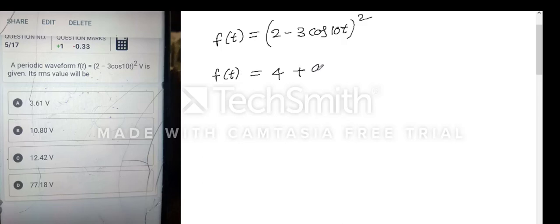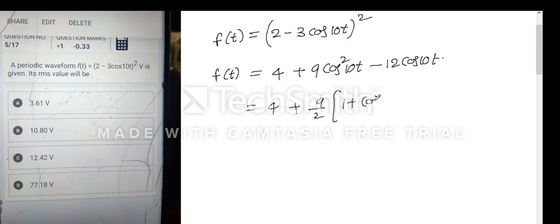4 plus 9 cos square 20 minus 12 cos 20, which is equal to 4 plus 9 by 2 into 1 plus cos 20 theta. Yes, cos square theta is 1 plus cos 2 theta by 2, minus 12 cos 20.